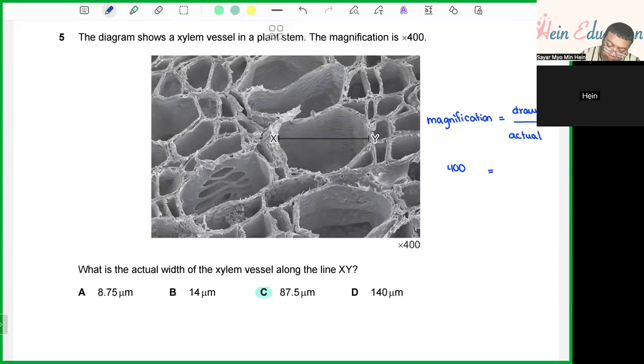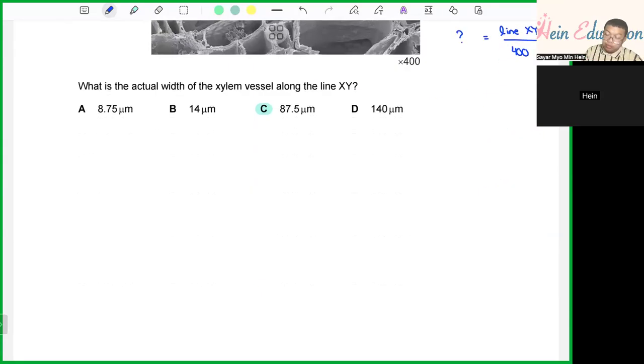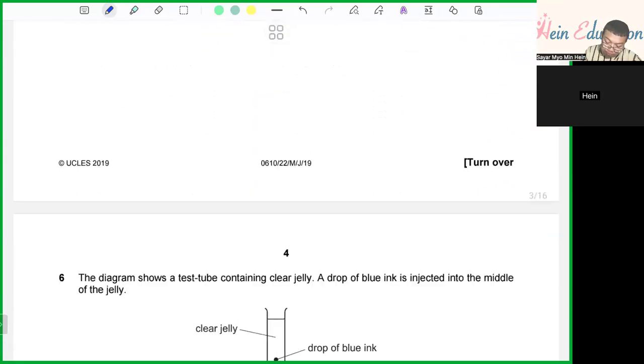The drawing is the length of line XY, and we need to find the actual width, which is line XY divided by 400. Sorry, I do not have the paper to measure the length of XY, but the answer is C. You can also find it using the paper.